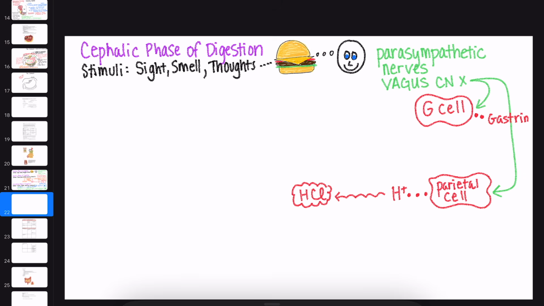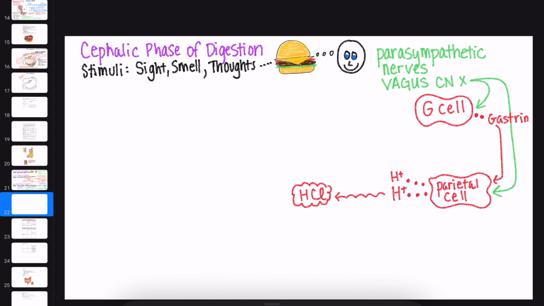And that gastrin is going to also stimulate the parietal cell. So do you see how we have multiple stimuli for those cells to keep producing hydrogen ions? And then they can combine with chlorine to make hydrochloric acid.